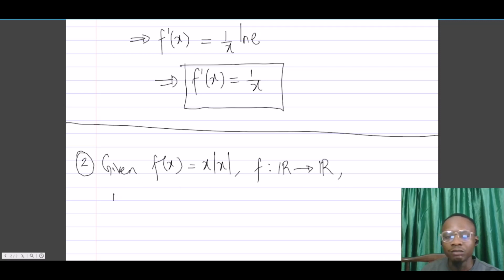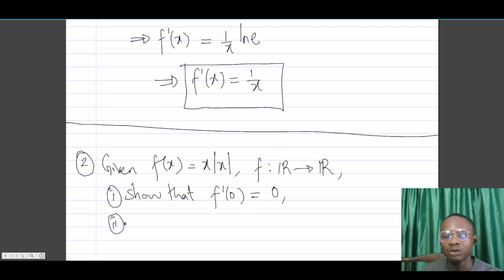Firstly, we want to show that f prime of 0 is 0. That is, the derivative of this function at x equal to 0 exists and is actually equal to 0.